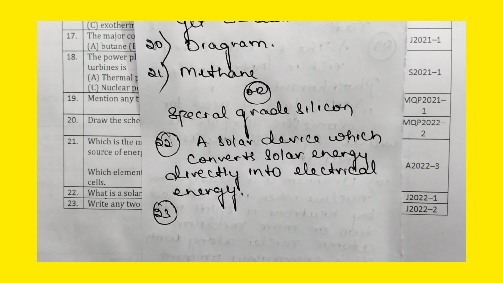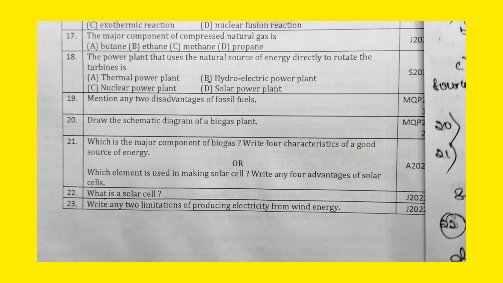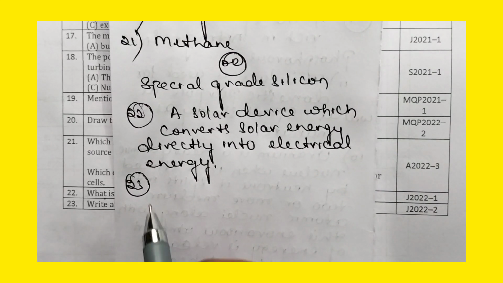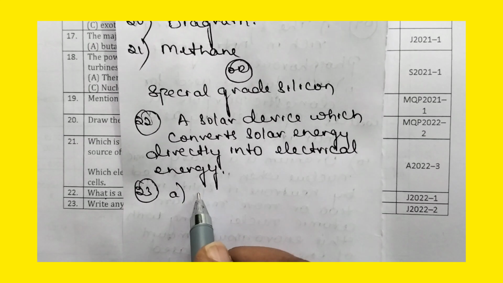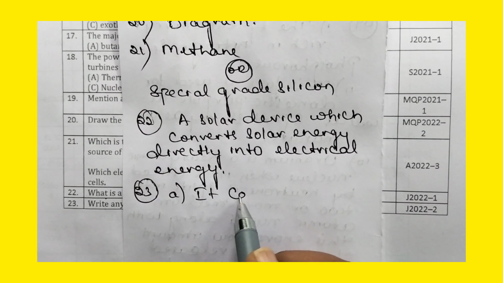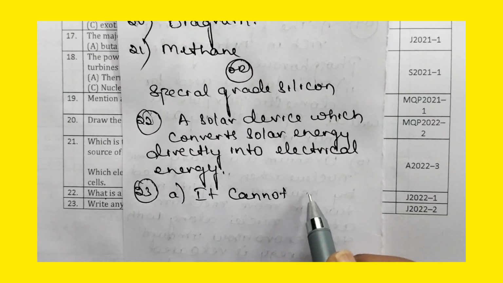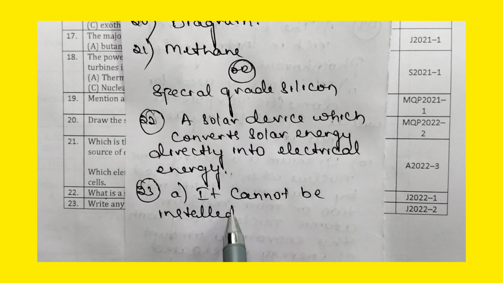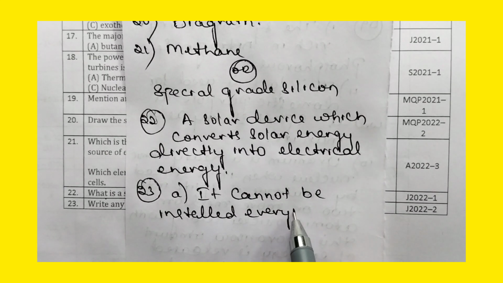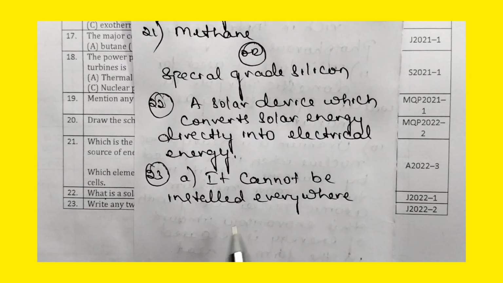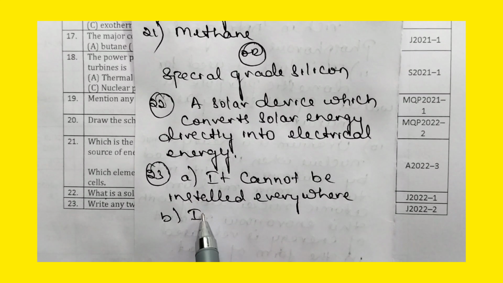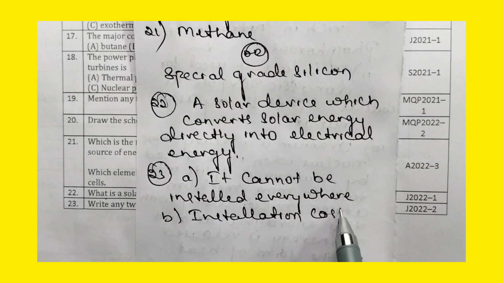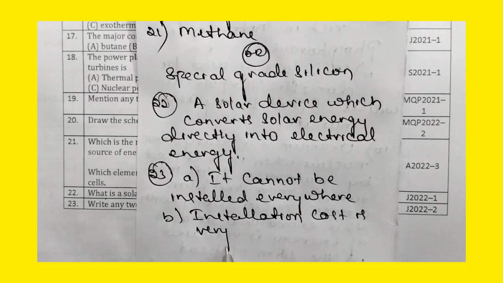Now let us move to the last question, that is, write any two limitations of producing electricity from wind energy. The first limitation or disadvantage is that a windmill cannot be installed everywhere. The second is that the installation cost is very high.